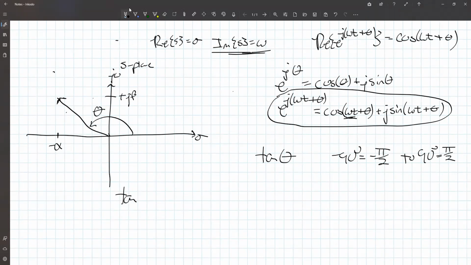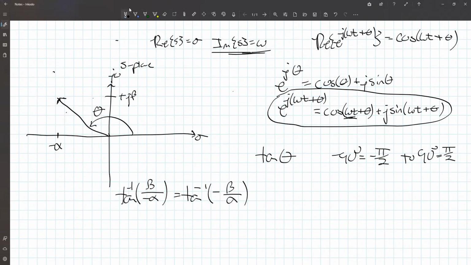Well, if I do the inverse tangent of the imaginary part divided by the real part, I'll have negative alpha in the denominator, and I'll have beta up top. And this is equal to negative beta divided by alpha.